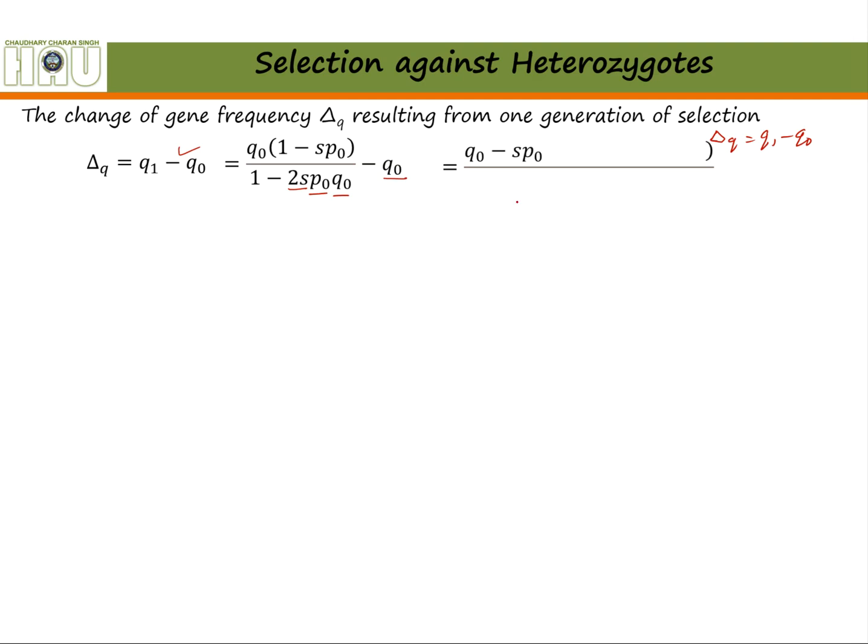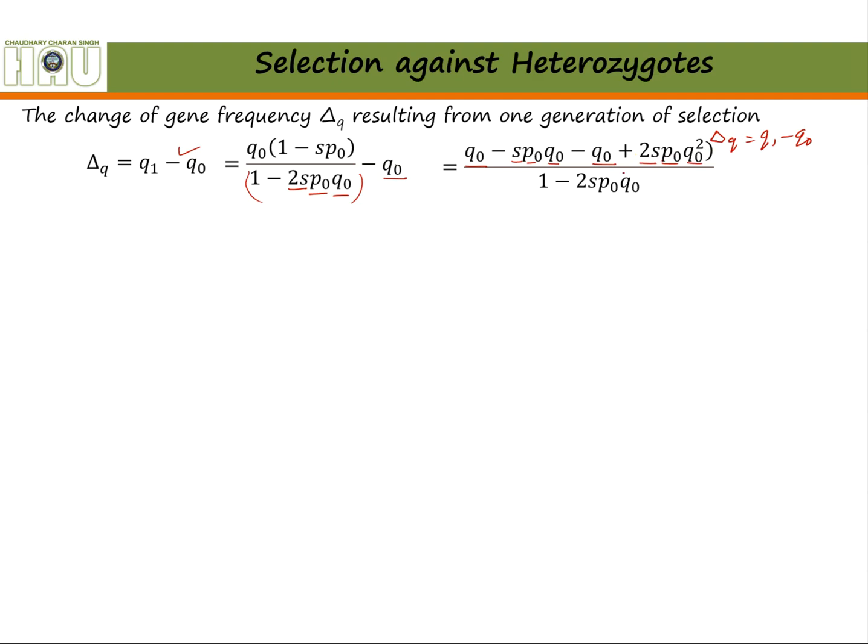So on simplification, we will get Q0 minus S P0Q0 minus Q0, and plus 2S P0Q0 square when I multiply Q0 with this term and subtract.